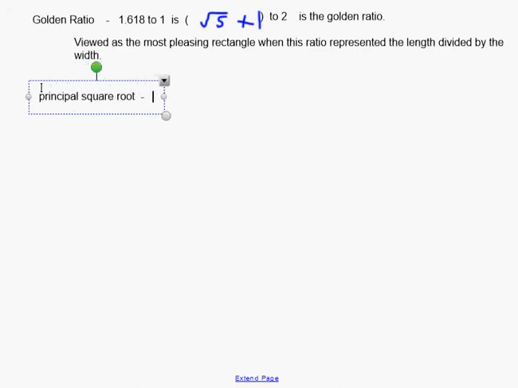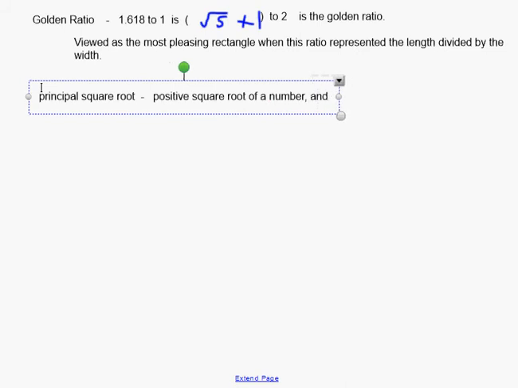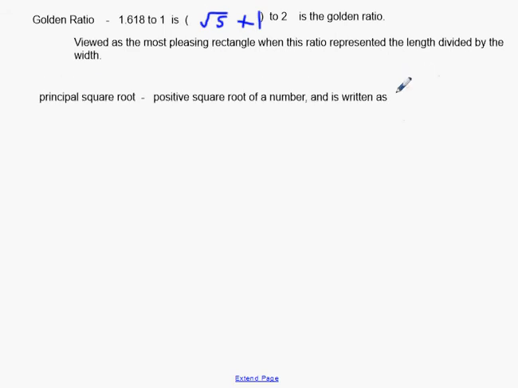Now, the principal square root is the positive square root of a number and is written as the square root of n, with no negative sign outside in front of the radical.